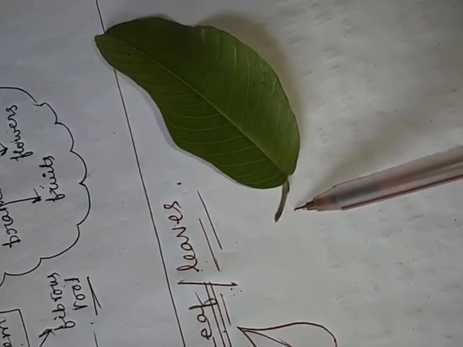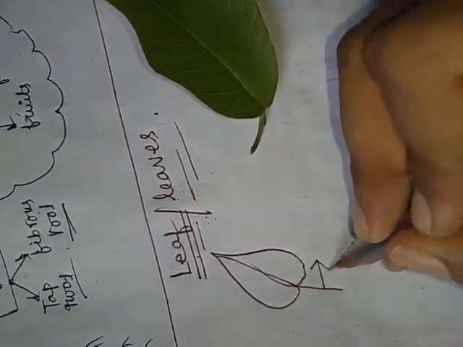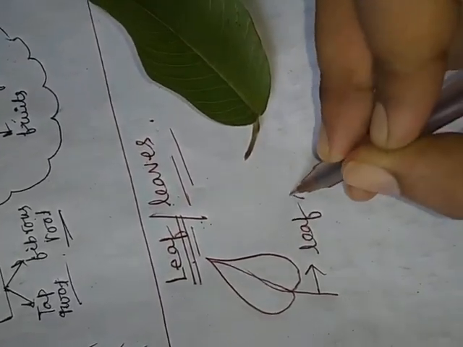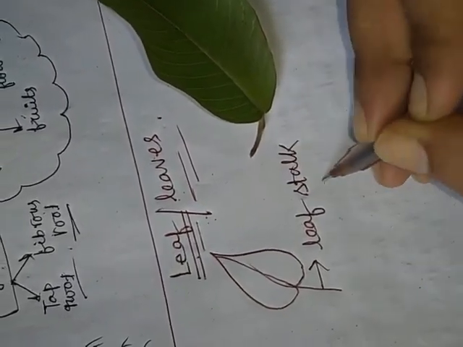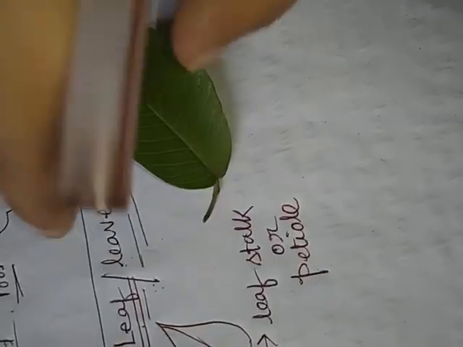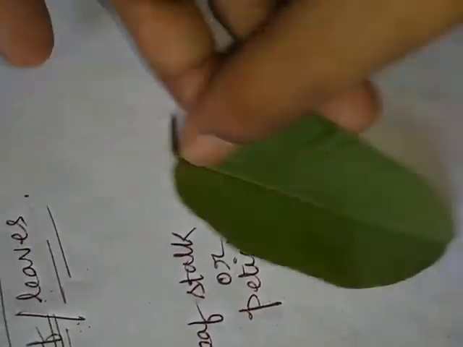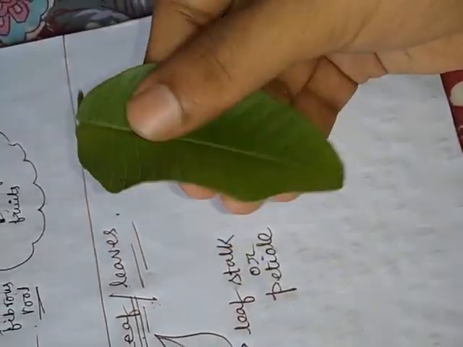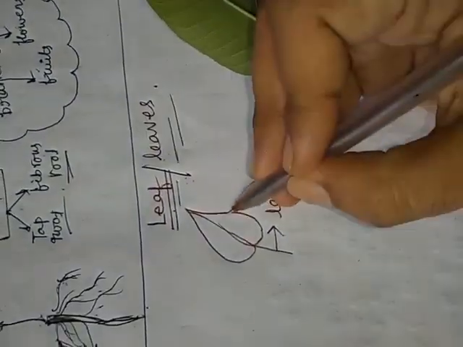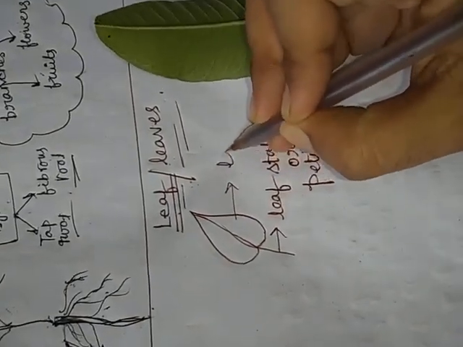This is called leaf stalk or petiole. And this total flat part is called lamina or leaf blade.